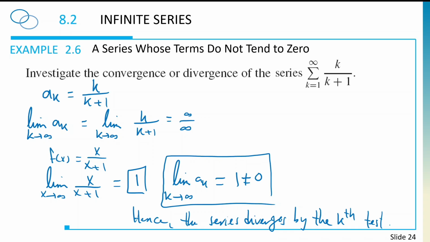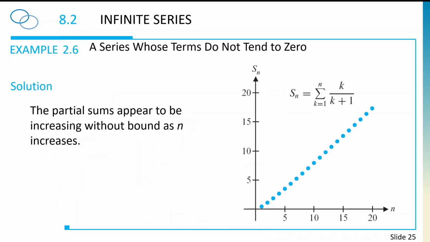So I use the corresponding function to show the limit equals 1. Okay, so this is a question on the divergence test. Clearly, if I graph this series, it keeps getting larger and larger without a bound. So this is divergent.